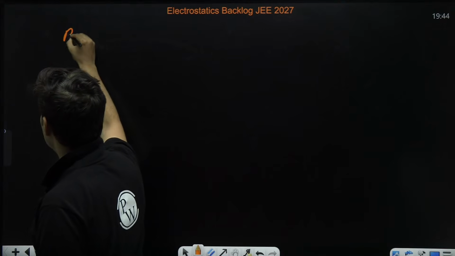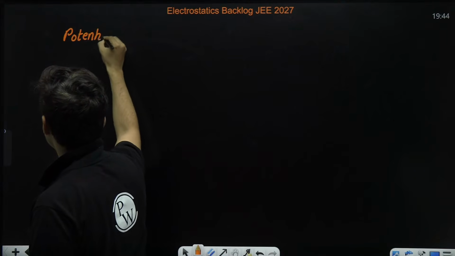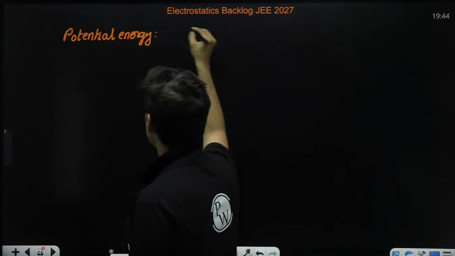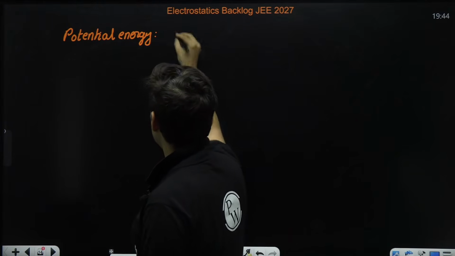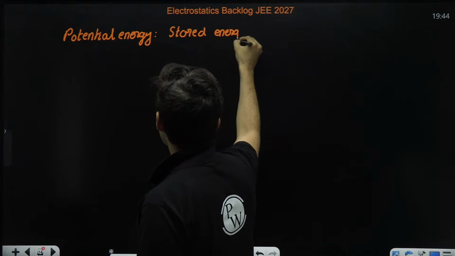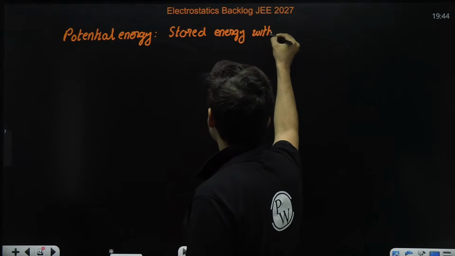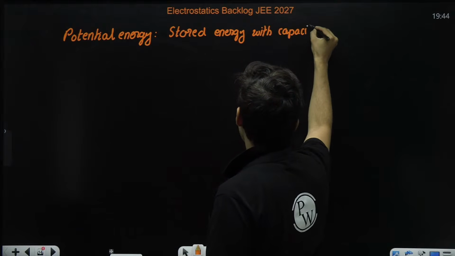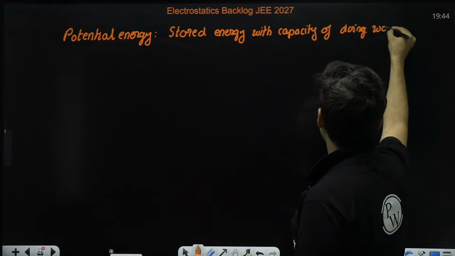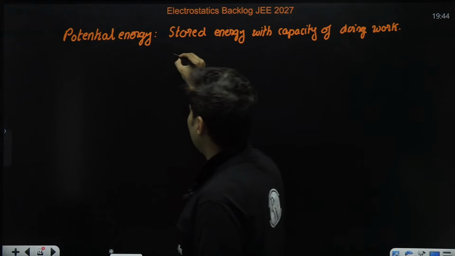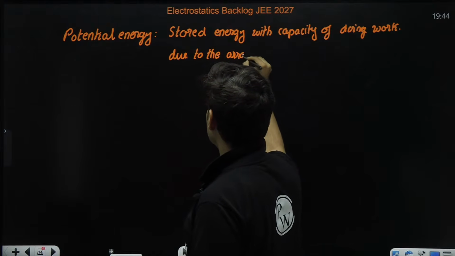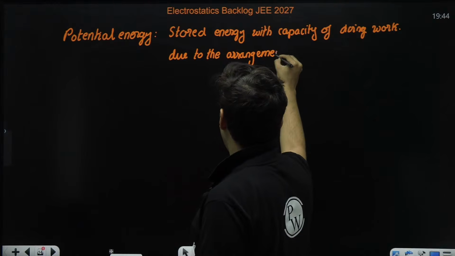In general, potential energy, the crude definition is basically it is nothing but the stored energy. It is the stored energy with capacity of doing work, some kind of work, and that comes due to the arrangement of that body.